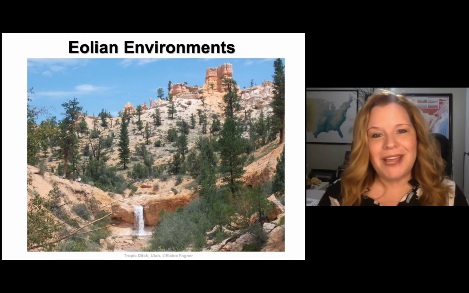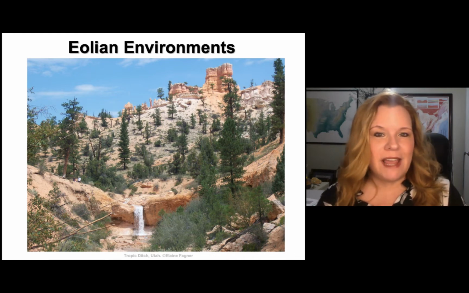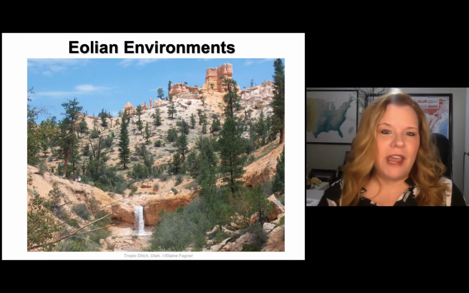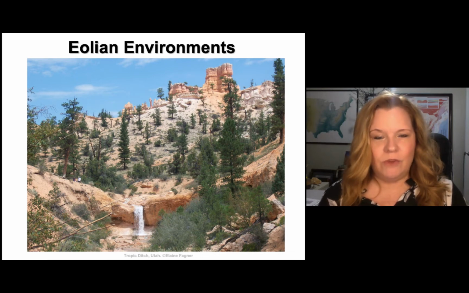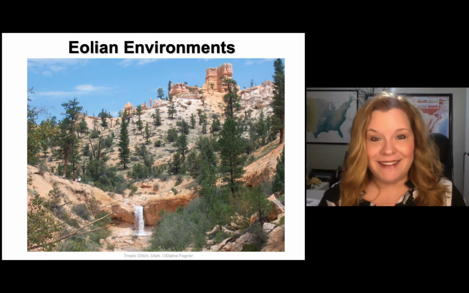And I want you to take a look at this awesome place right outside of Bryce Canyon National Park. It's called Tropic Ditch. I want you to just take a moment to observe what's going on here. You've had a full semester of learning about clues in geology. It's a theme, right?